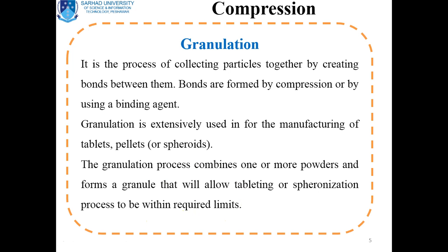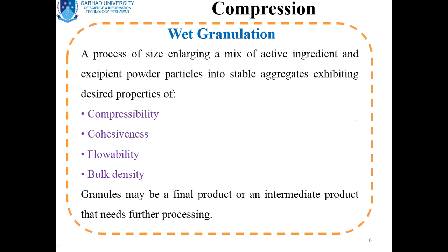Dear students, there are three methods of the manufacturing of tablets, and two are for the granulation. One is the wet granulation method, and the second one is the dry granulation method. Wet granulation is a process of size enlargement or granulation of a mix of active ingredient and excipient powder particles into stable aggregates exhibiting desired properties of compressibility.